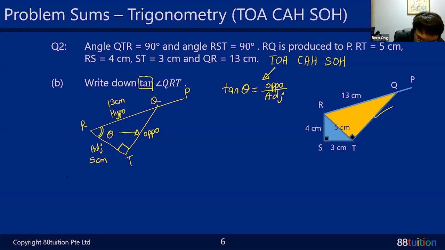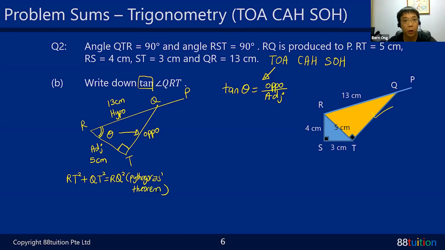I can say that RT square plus QT square should give you RQ square. Why? This is something called Pythagoras Theorem. The short square plus the medium gives you the super long square. So RT square is equal to 5 square plus QT square.